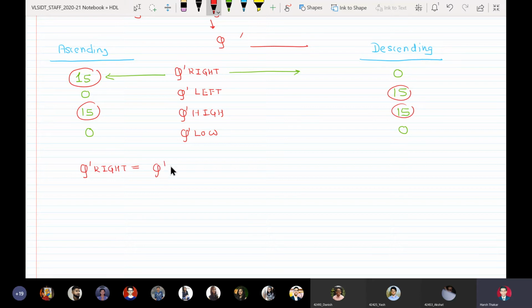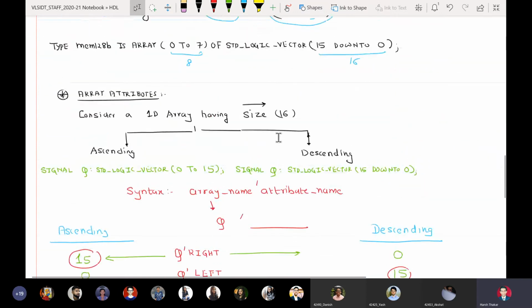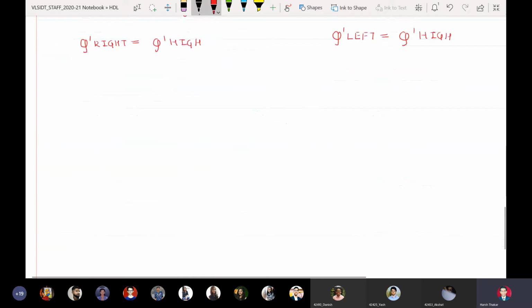These are the examples of array attributes for ascending and descending. Now signal attributes are very interesting.